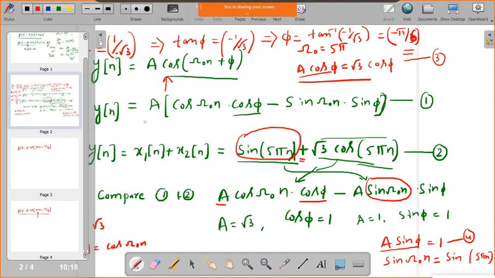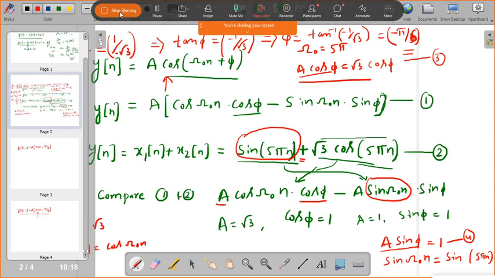Hello, is there any doubt in this problem? Understood or not? Hello.